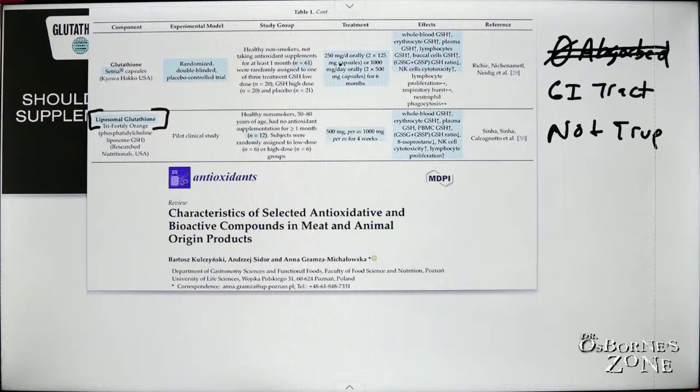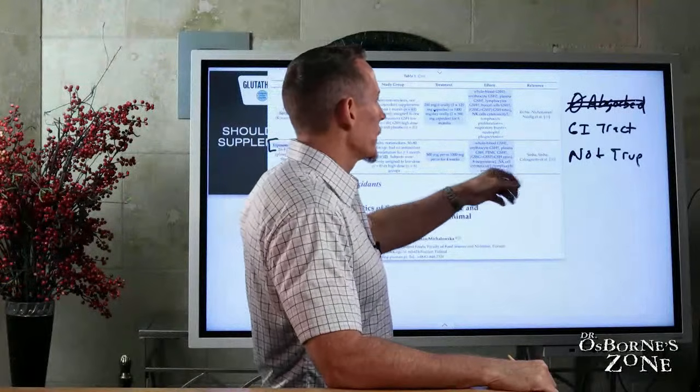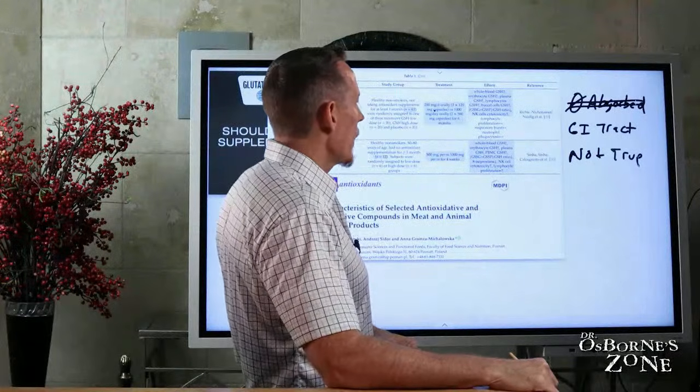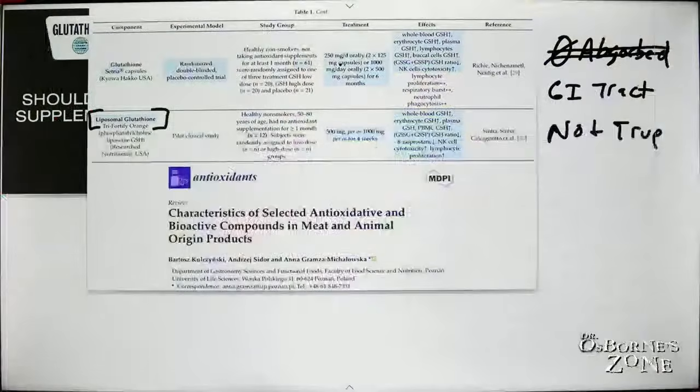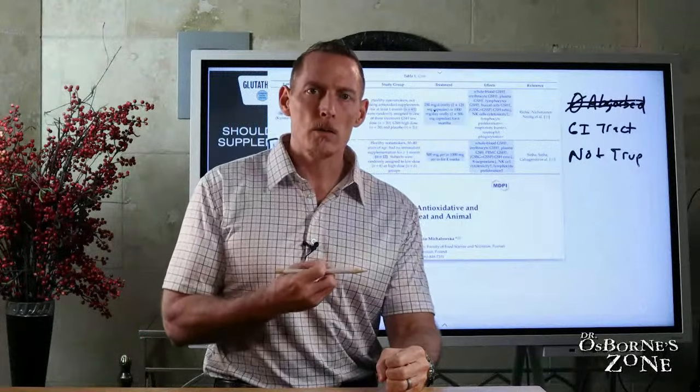They found increased blood glutathione, increased red blood cell glutathione, plasma increase, as well as an improvement in natural killer cell activity and an improvement in lymphocyte proliferation. Again, whether you're using a non-liposomal glutathione or a liposomal glutathione, they had very similar outcomes. Both indicate that you can absorb glutathione if you take it orally in supplement form.